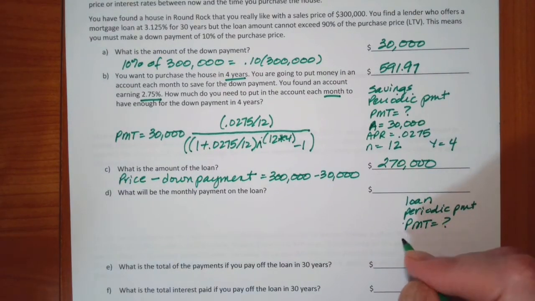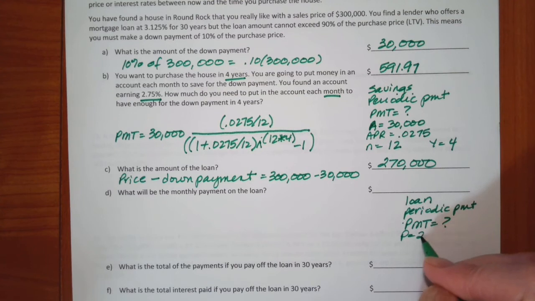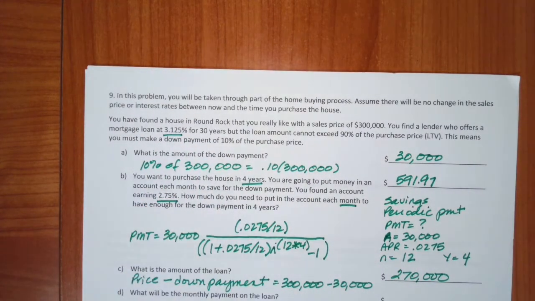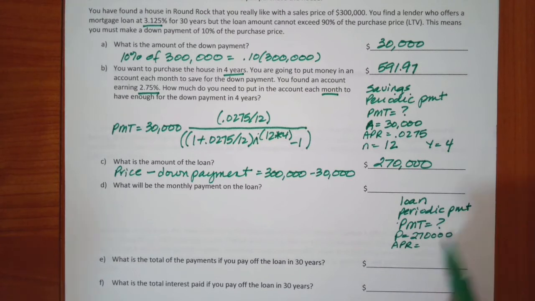Okay, so I need a principal amount, which is the loan amount. The APR, I'm going to go back to the original problem, 3.125%. So that's going to be 0.03125.